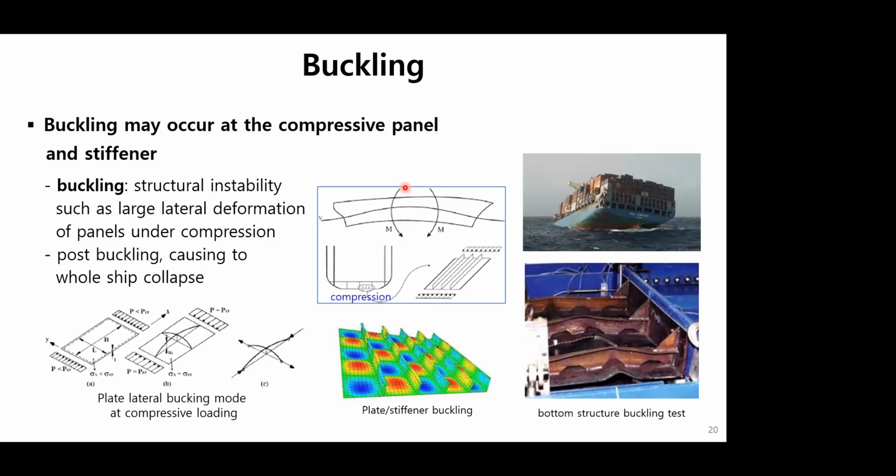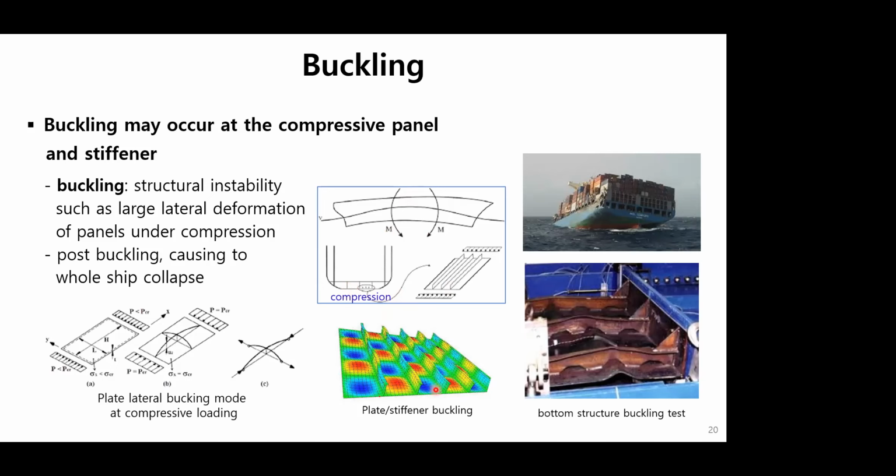For example, under the hogging moment, in other words, the highest point of the wave is at the center part of the ship, then the ship structure deforms center up and both ends down like this figure. This mode naturally induces the bottom structure to experience compression. It may possibly cause buckling at the plate and stiffener at this bottom area.